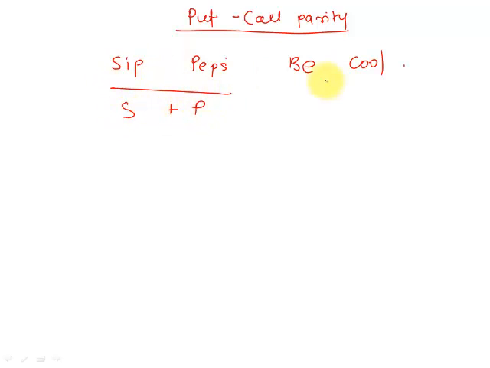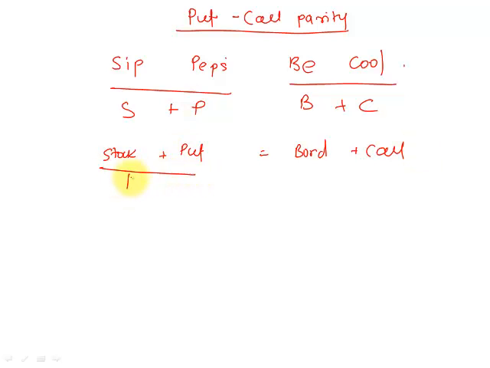S plus P is equal to B plus C. If I buy a stock and I buy a put, and in parallel I invest into a bond and also buy a call option. The first portfolio we named the protective put. The second portfolio was named the fiduciary call.